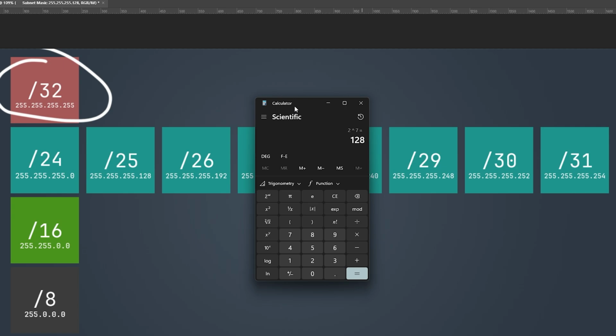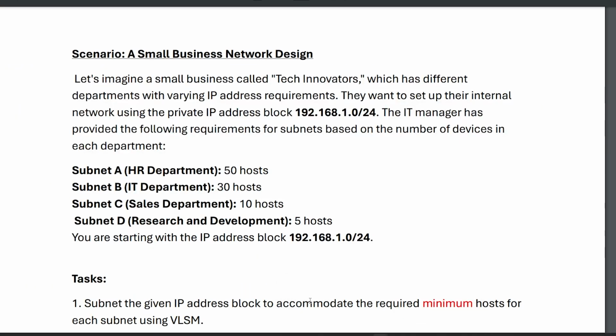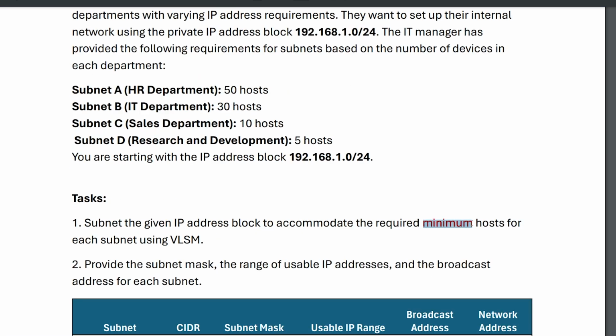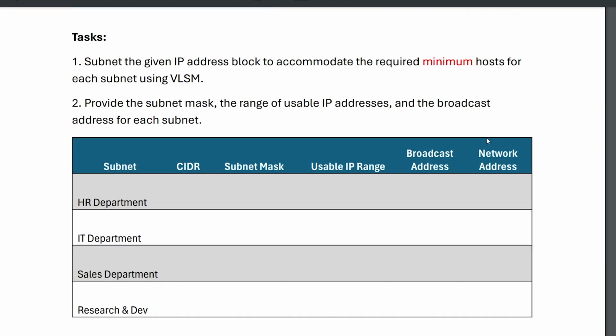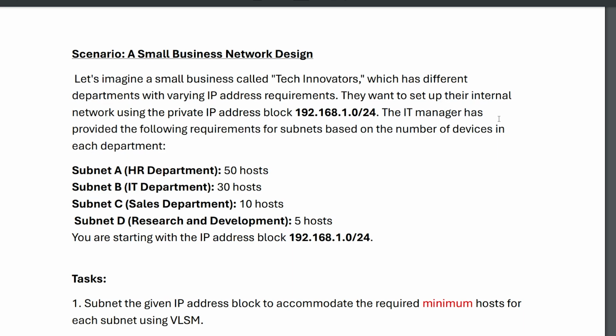Now, this is too big of a number to specify for the department. Remember when it said minimum hosts? 128 would be way too big of an address space to assign to the HR department.